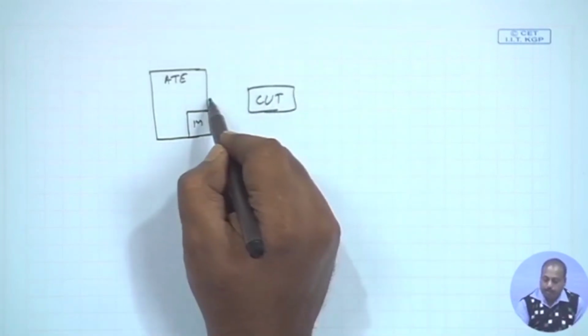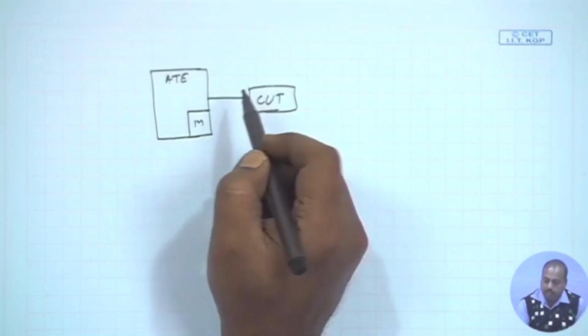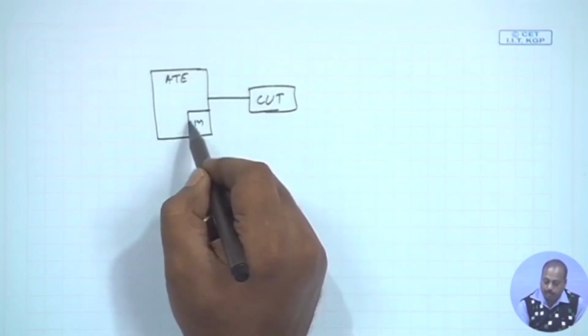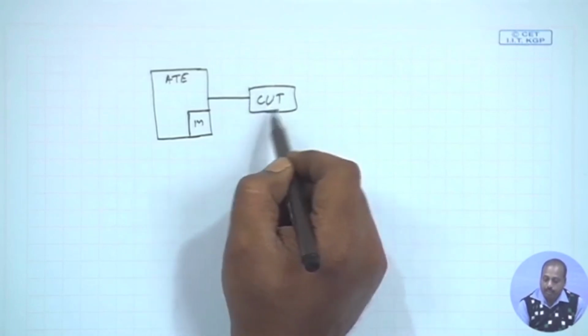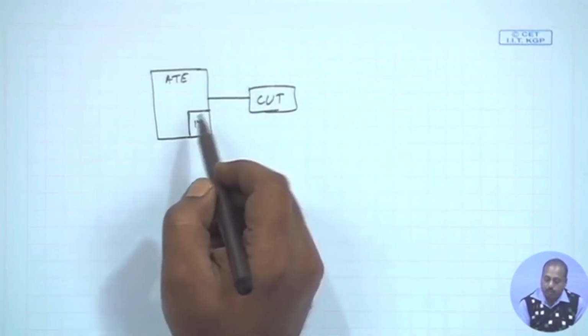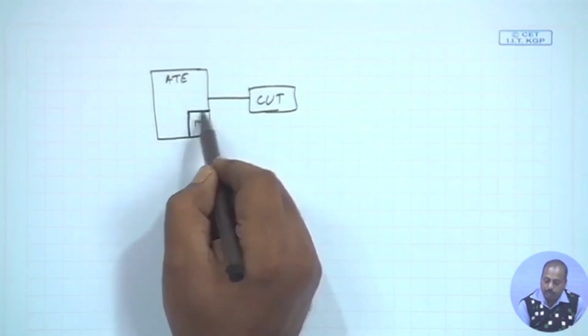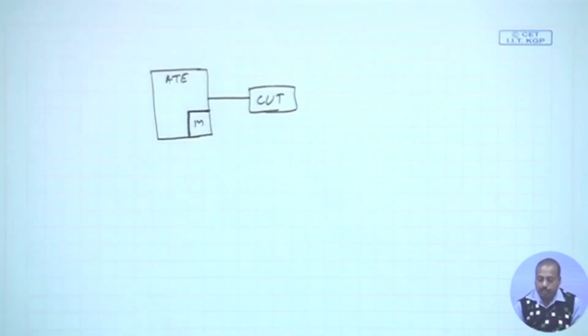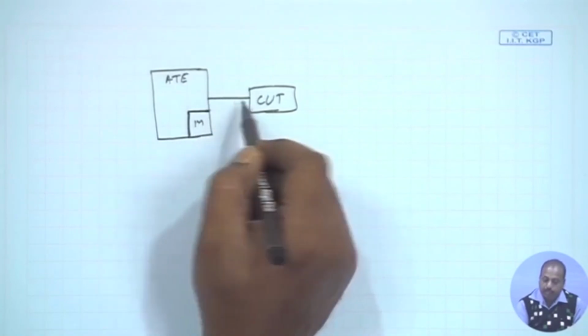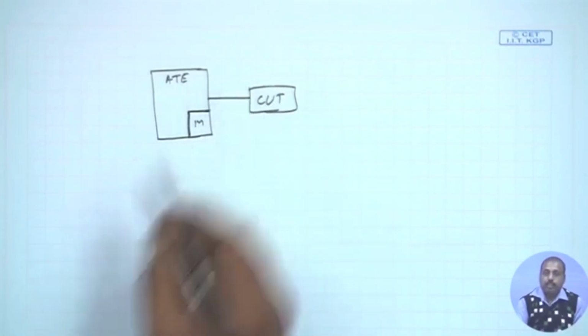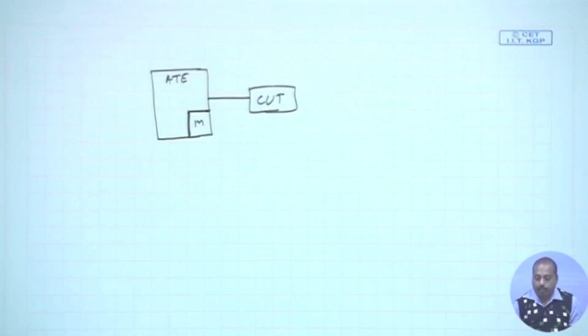These test patterns are to be transported from this memory to the circuit, applied to the circuit, and then the response has to be collected. If this memory requirement is large, that will increase the cost of the ATE. Similarly, if I want to transfer a large number of patterns over this line, serial communication is not very effective. So, we have to have parallel communication.